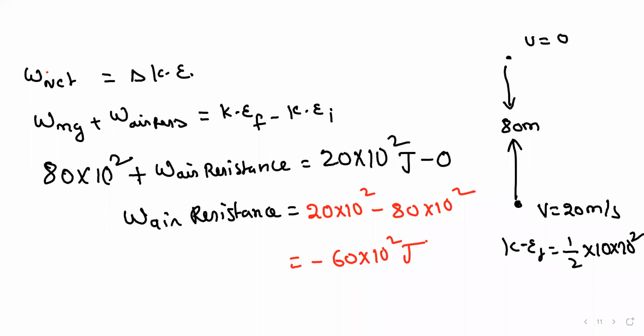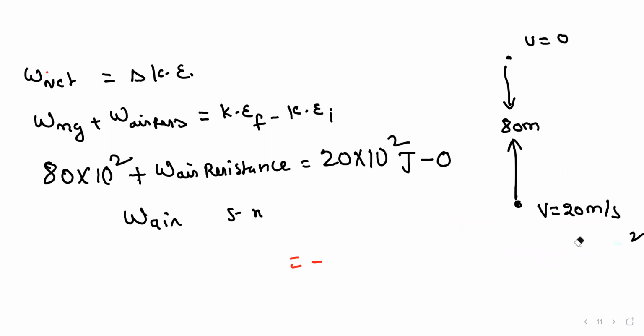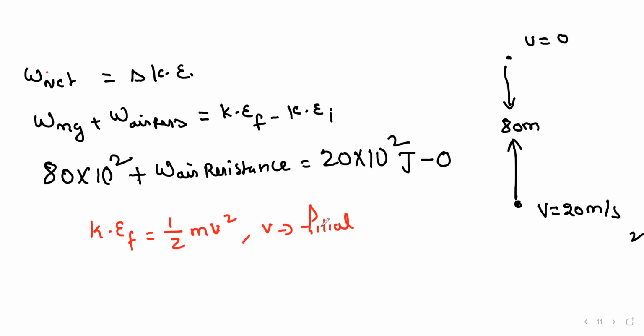Final kinetic energy is half mv squared, where v is the final velocity.